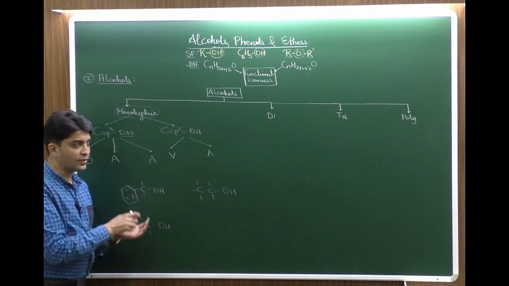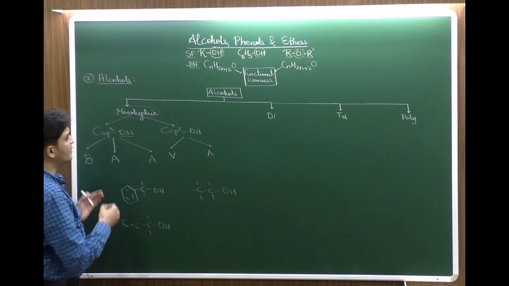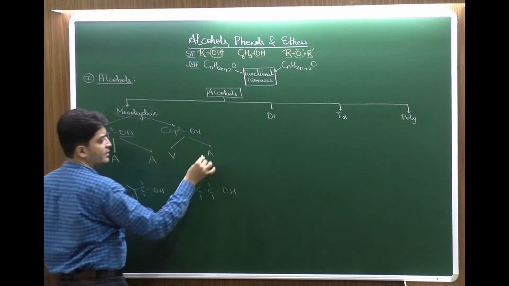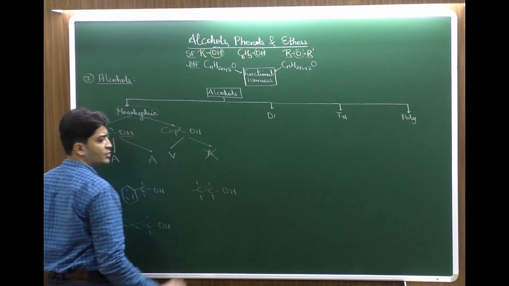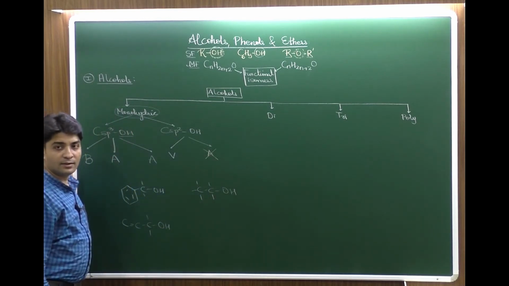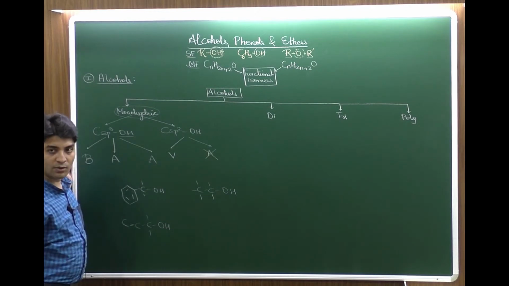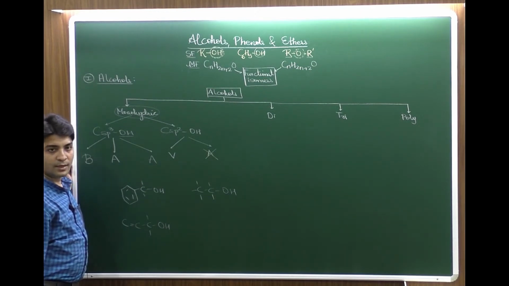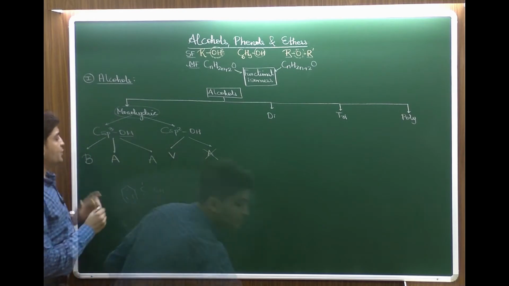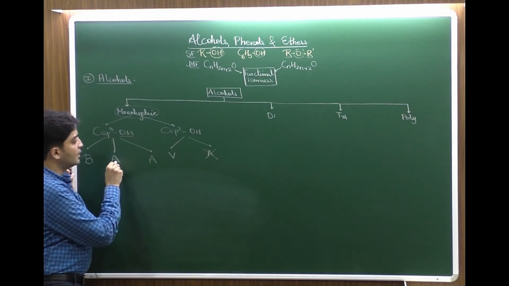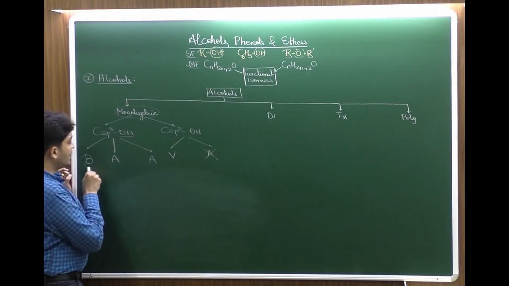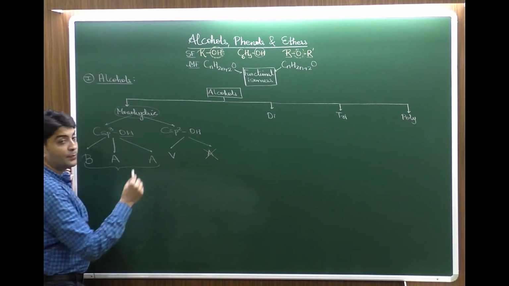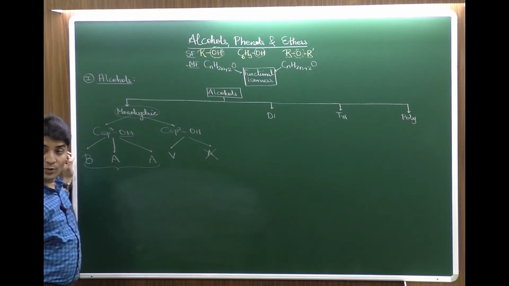So while classifying alcohols, we can remember the mnemonic BA-WA, but at the back of the mind, we should remember that aryl bonded with OH is not an alcohol, it's a phenol. Clear? Now, further to this, benzyl, allyl and alkyl were classified depending on the type of the carbon to which the OH is bonded.